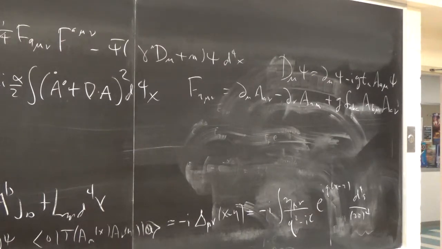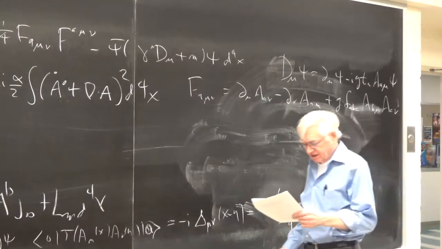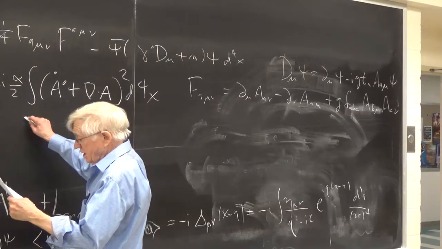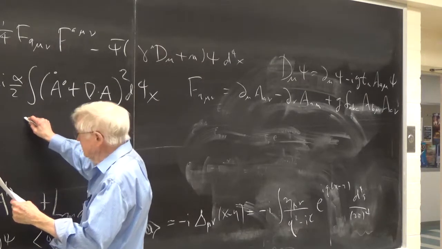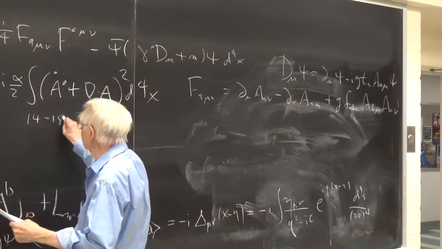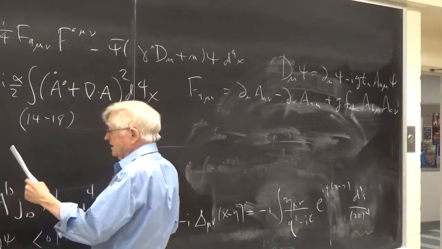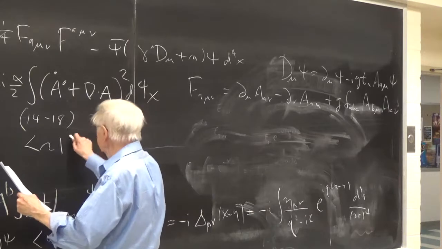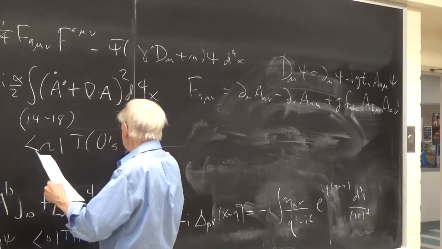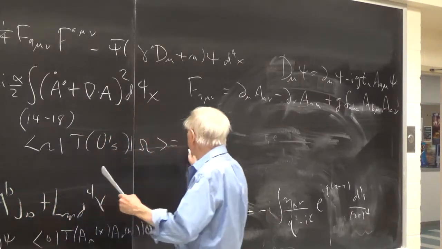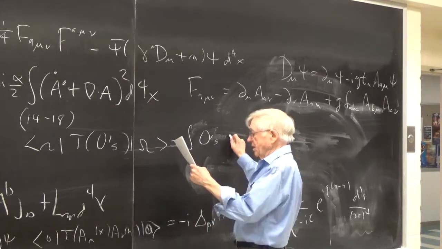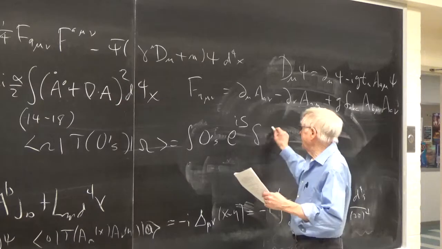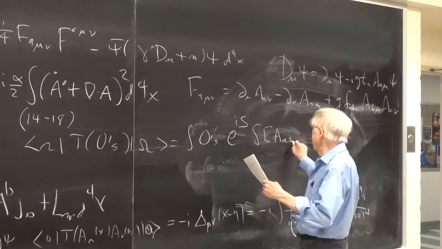What one does here is typically, Weinberg explains in his volume 2, pages 14 to 18, he shows that the time-ordered product of gauge invariant operators is the O's and e to the iS, and now it's a delta function of A^3.